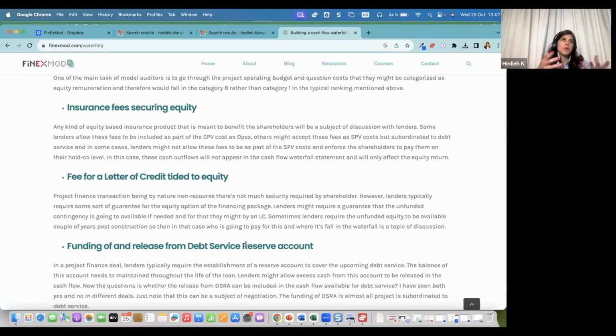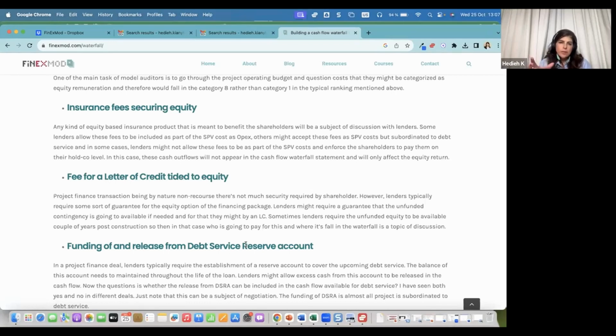So there is one part of equity that is funded equity, which is cash equity that they need to contribute during construction to fund the construction cost. And the lenders require that because they want to have skin in the game from these sponsors in the project. So they are committed and they have an incentive to take the project to completion.